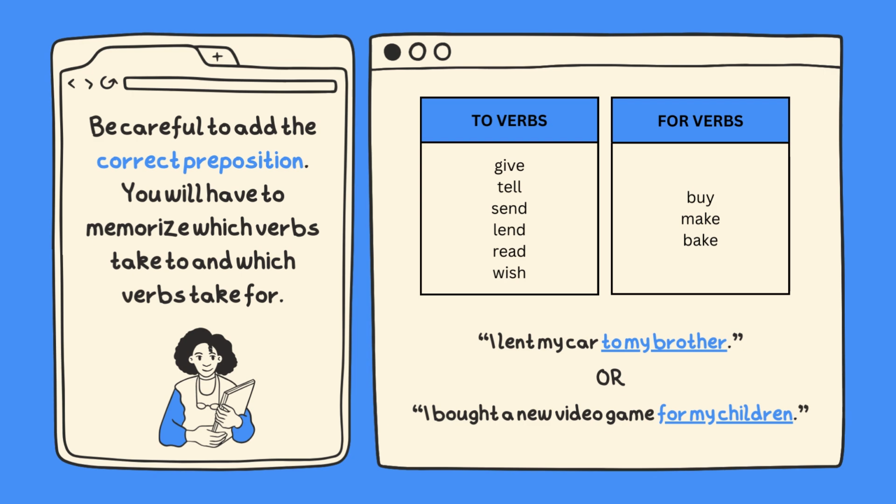Your "for" verbs include buy, make, bake. For instance, you can say, I lent my car to my brother, or I bought a new video game for my children.